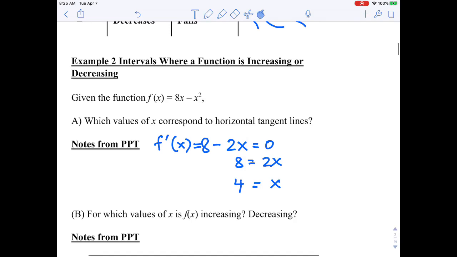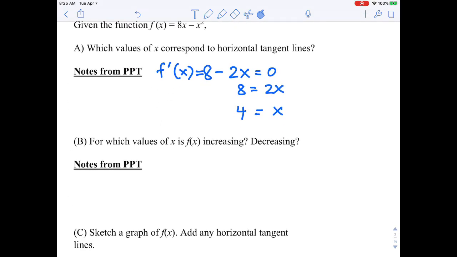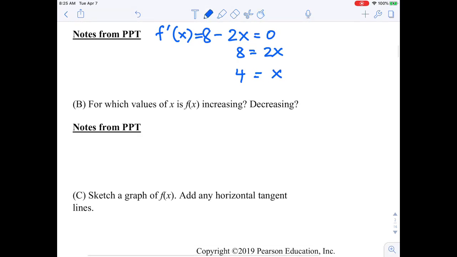So that's the value where our tangent line is horizontal. Then we determine increasing and decreasing. So we do our sign chart.